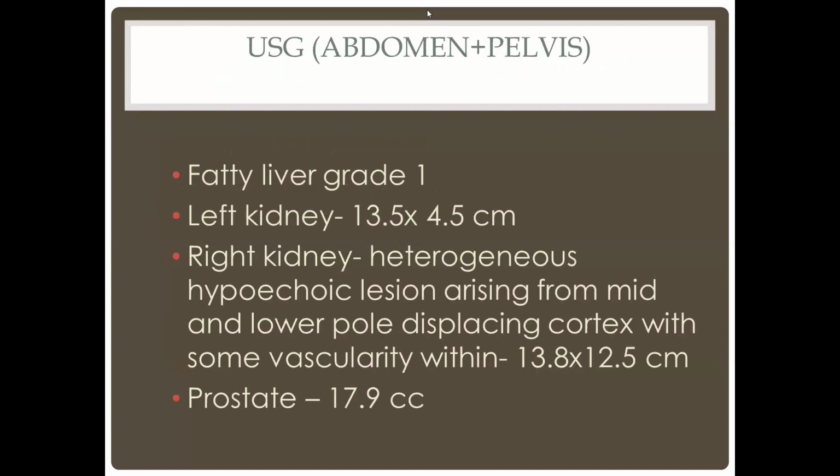Sonography suggested grade 1 fatty liver, left kidney within normal parameters, right kidney with a heterogeneous hypoechoic lesion arising from the mid and lower pole, displacing the cortex with some vascularity within. It measures 13.8 by 12.5 centimeter. Prostate is around 18 cc.